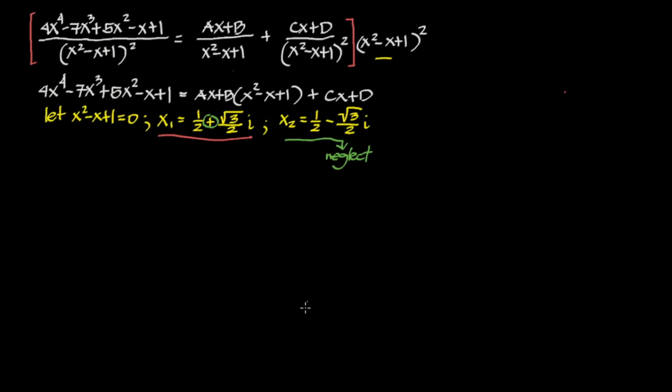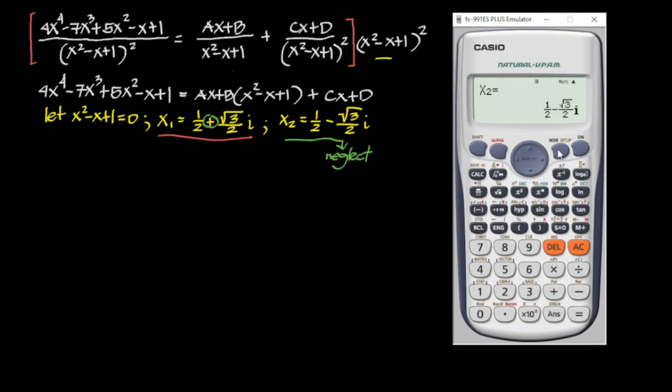Okay? So, para madali, input na lang natin sa calculator. But since yung value ni x is imaginary, dito tayo sa mode 2. Kasi sa complex, dyan lang tayo pwede mag-input ng imaginary number.